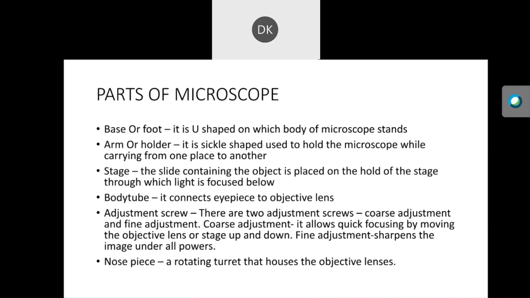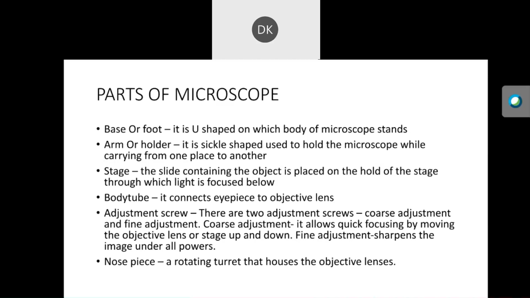Stage: the slide containing the object is placed on the stage. There is a hole in the stage through which light is focused from below.